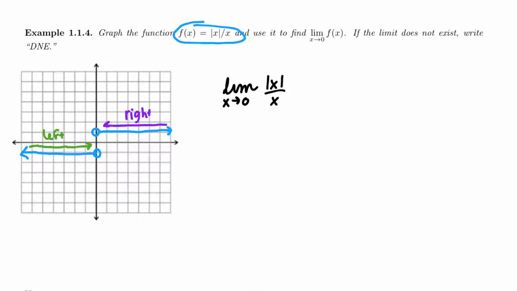Now, it doesn't matter that it's not defined here. Even if this was filled in, this limit still wouldn't exist. It's all about what you appear to be approaching. And from both sides, you get different answers. So this limit does not exist.